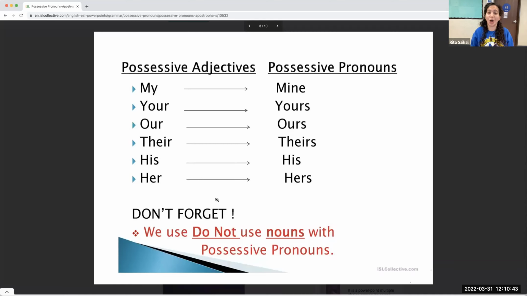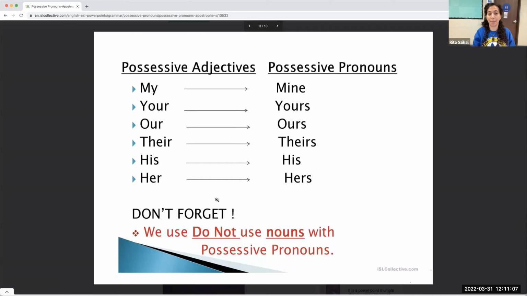So there's also something else that we use, and that's called a possessive pronoun. And a possessive pronoun replaces the noun, okay? So for example, we can say "that bottle is mine."